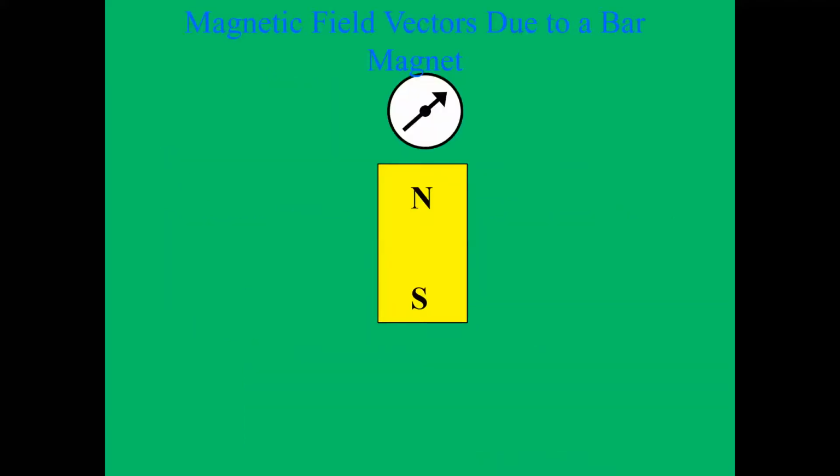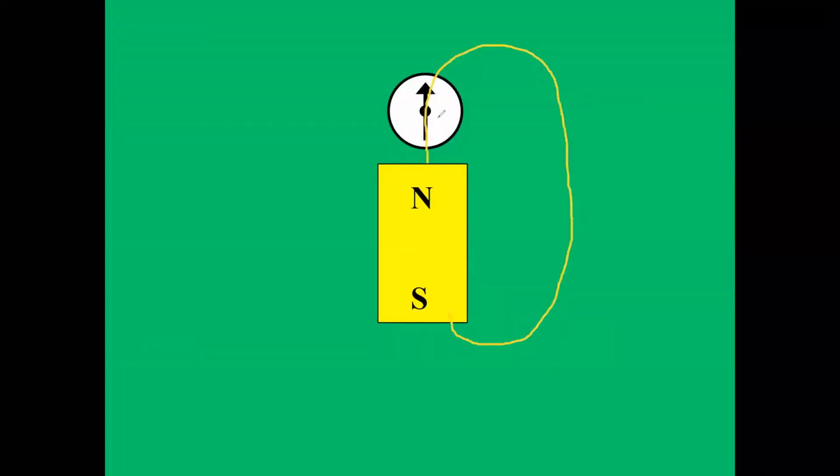So this is a simple magnet. If you want to draw the magnetic field lines around a bar magnet, what you can do is place a compass anywhere in the magnetic field and it would align like this. It would point to the north pole because in this magnet, the magnetic field lines would be acting like this. So it would align according to the magnetic field line.